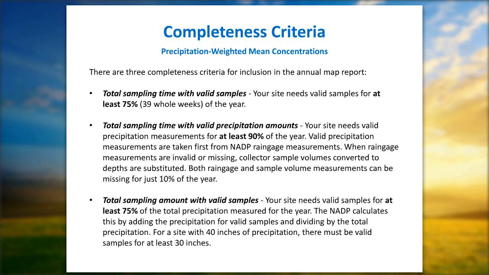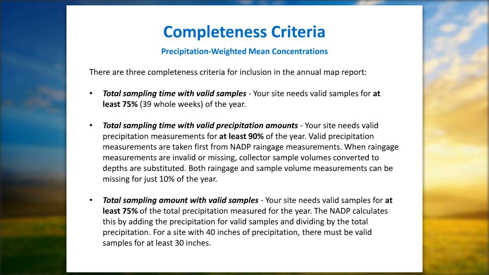This is getting into the details, but if your rain gauge fails, the NADP substitutes the depth of precipitation collected in the wet deposition bucket. So basically, the total amount of missing precipitation record, be it from your gauge or the collector bucket, can be just 10% of the year. So for a 52-week year, you can have a little bit more than a month of missing precipitation data.